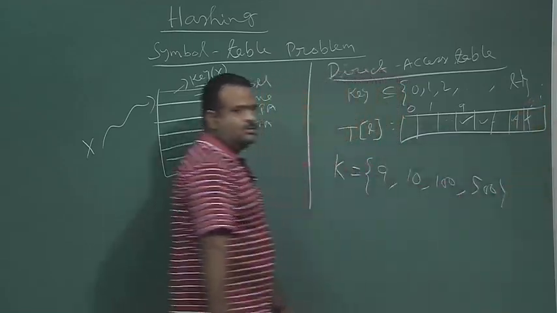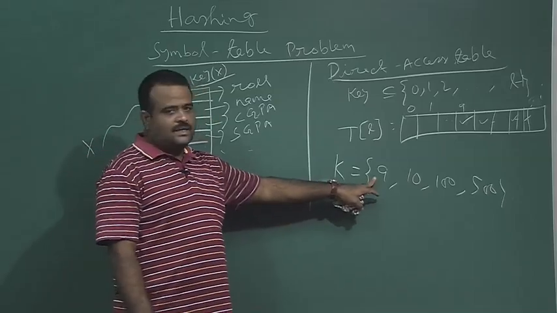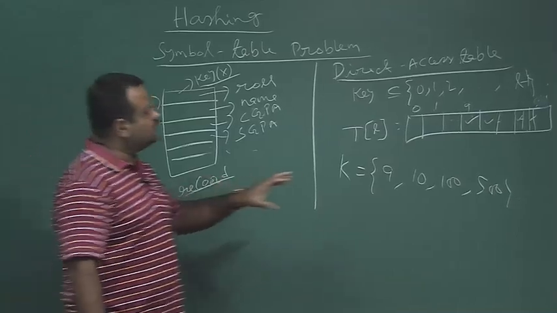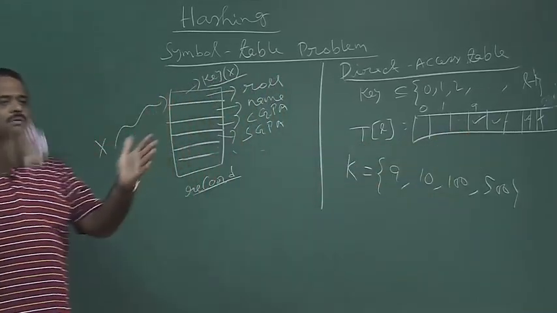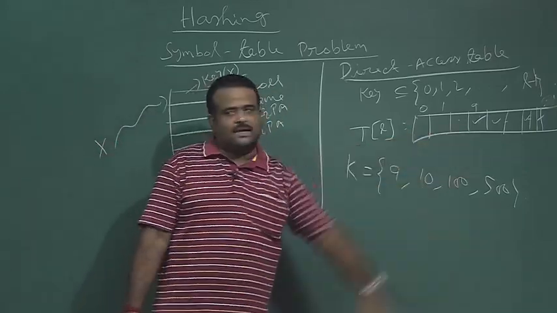So this is just a bit vector. If that key is present, we turn it on, or we can store the pointer there to access the whole record. This is what is called a direct access table, and the remaining values are 0.